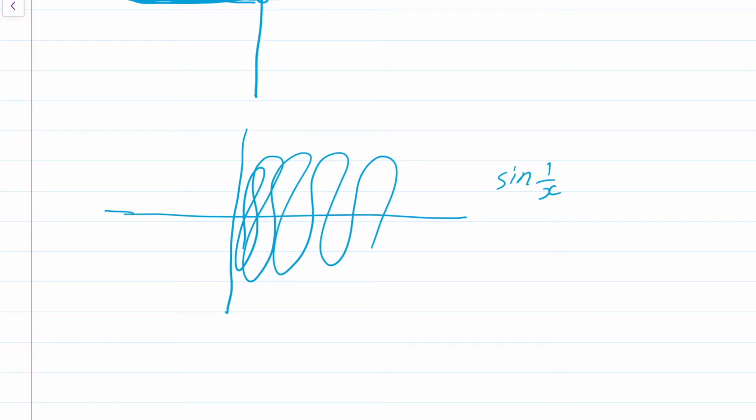It's sin(1/x) when x is not 0, and let's just say 0 when x is 0. This function certainly has a discontinuity at the point 0. Neither the left hand limit nor the right hand limit actually exists at the point 0. Therefore, this is an essential singularity.